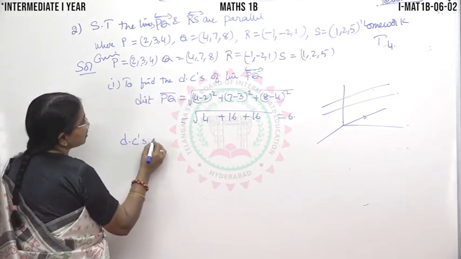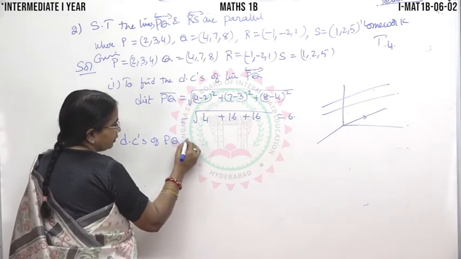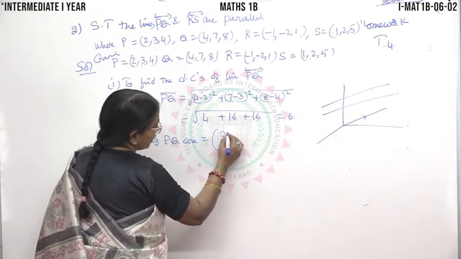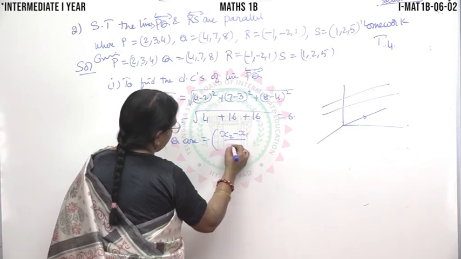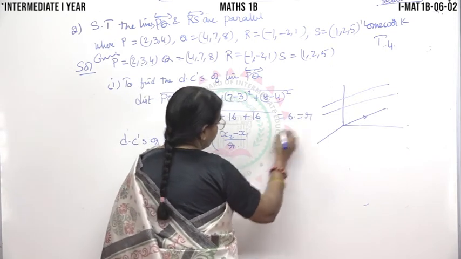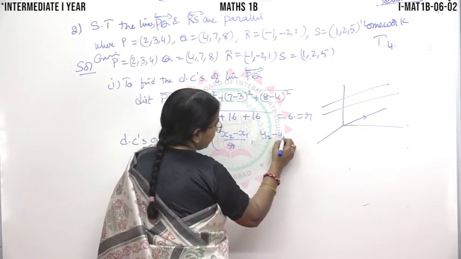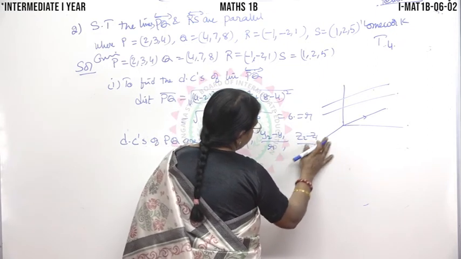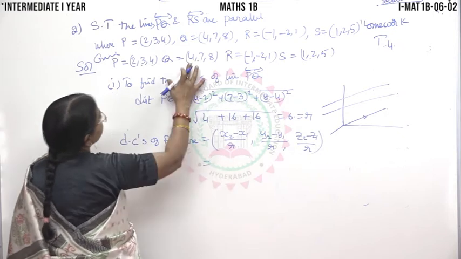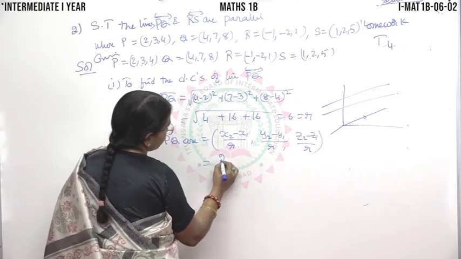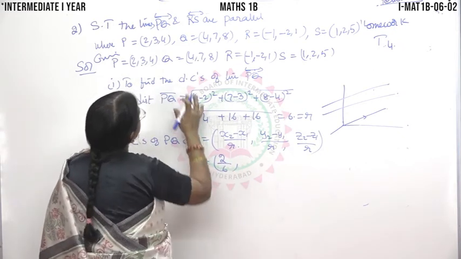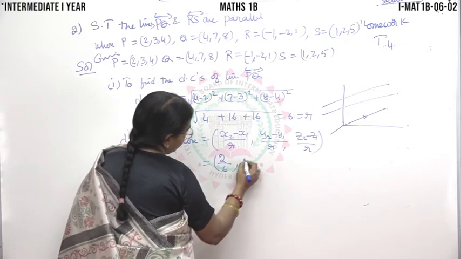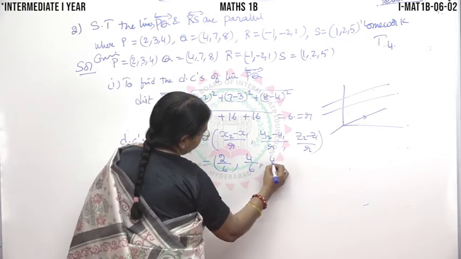So, what are the direction cosines? The DCs of PQ are, the formula is (x2 minus x1) by r, where this is your r, and then (y2 minus y1) by r and then (z2 minus z1) by r. You just simplify: 4 minus 2, 2 by 6, then 4 by 6, and again 4 by 6.